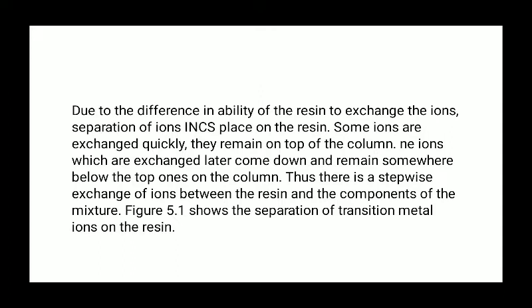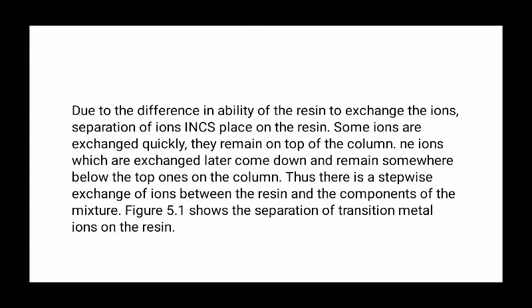Due to the difference in the ability of the resin to exchange the ion, separation of ions takes place on the resin. Some ions are exchanged quickly, they remain on the top of the column, and some ions which are exchanged later come down and remain somewhere below the top one on the column.